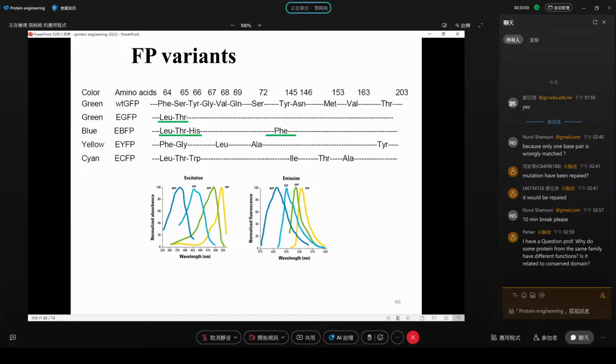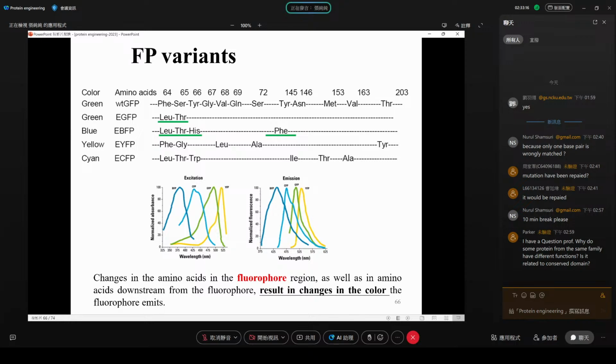Okay, so all of them, even if you think they are very different colors of fluorescent protein, they only show a few residue differences. So they all rely on site-directed mutagenesis and randomized mutagenesis.